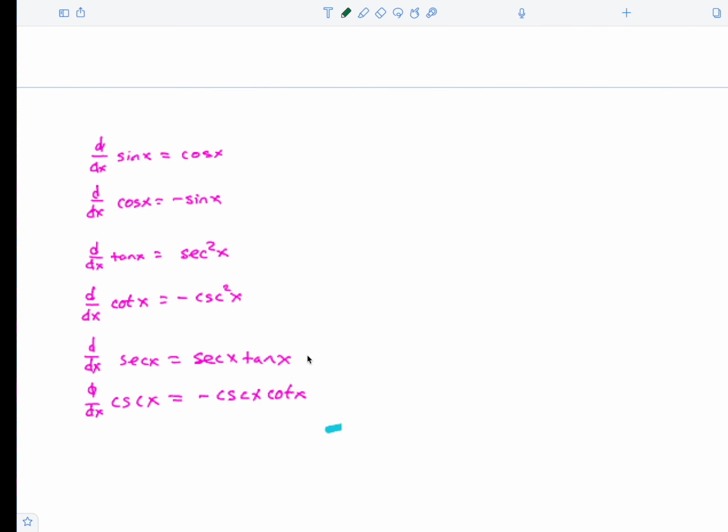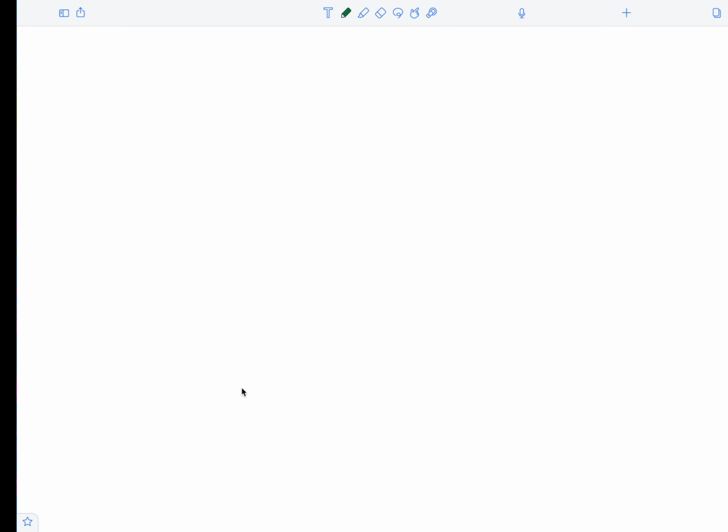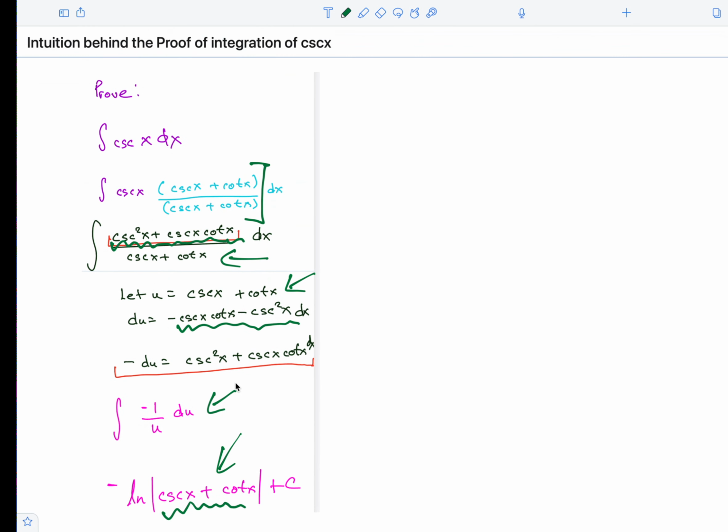So what's important to realize here is that the derivative of cotangent is negative cosecant squared, and the derivative of cosecant is negative cosecant cotangent. And why is that important?